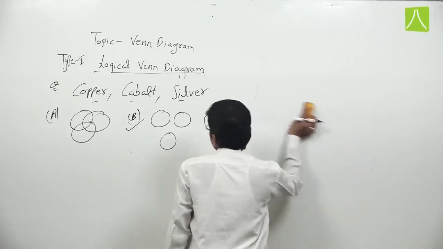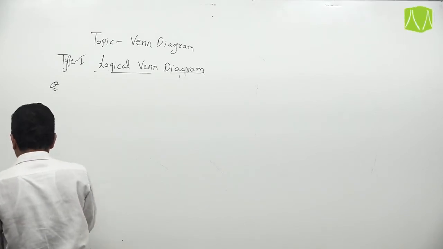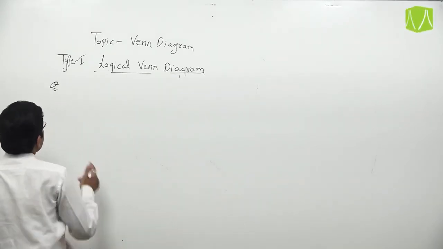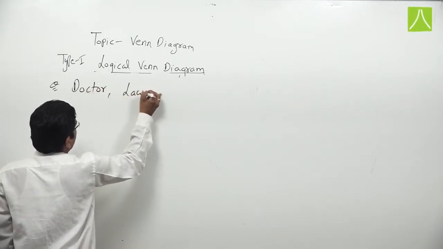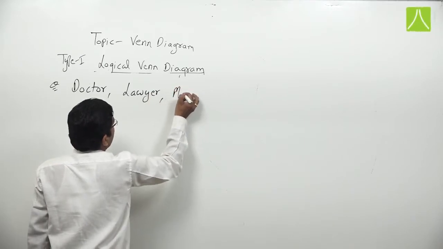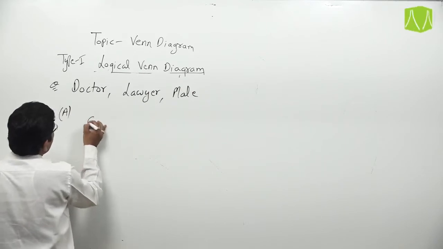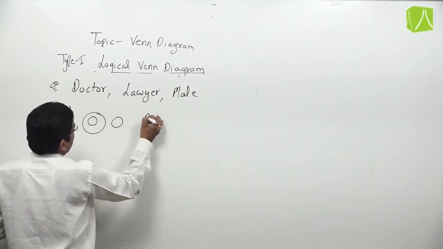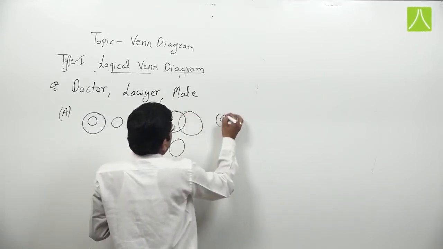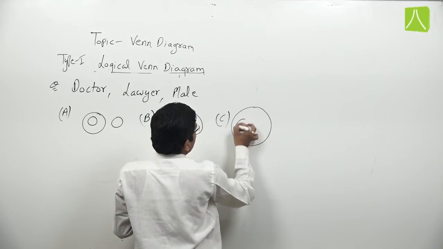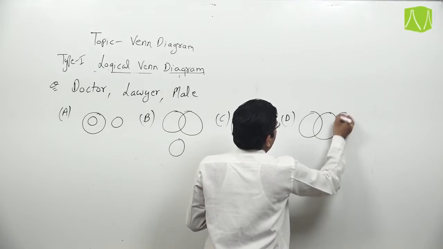Now take the next example. Doctor, lawyer and male. For this our A option is, B option, C option is, and D option is like this.